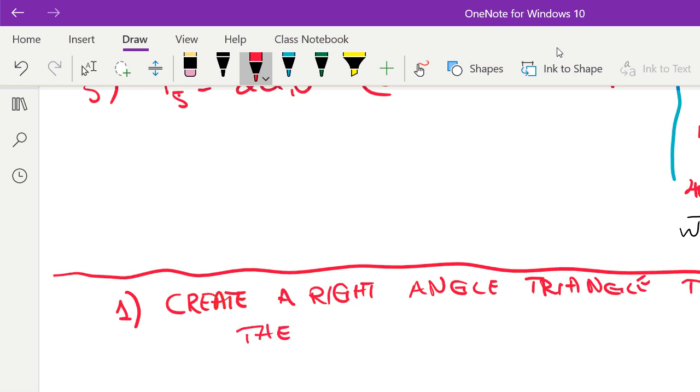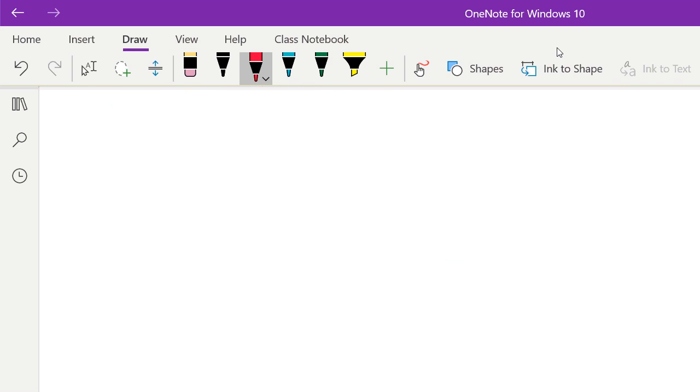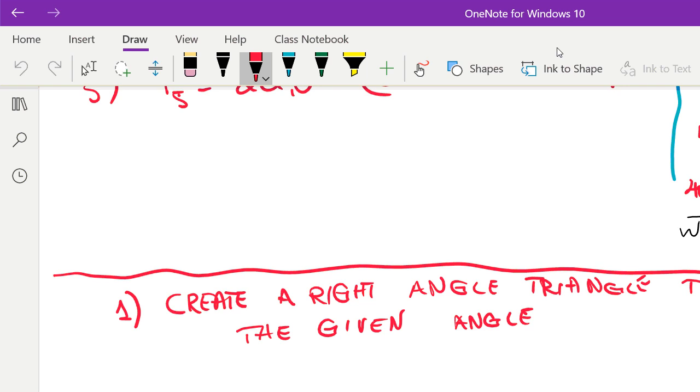So if this is with west, then create the right angle triangle with the given angle. It is easy to do it this way. There are different ways to do it, but trust me, this is the easiest one.